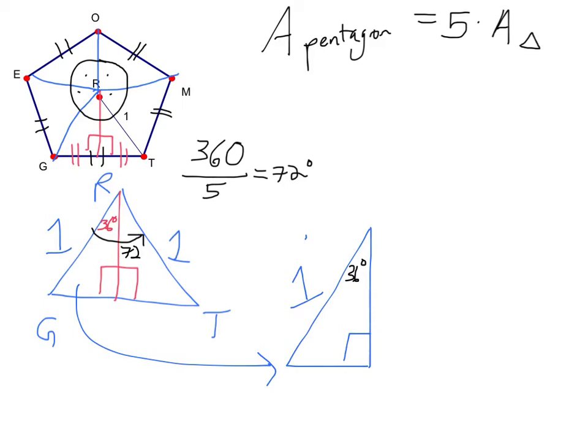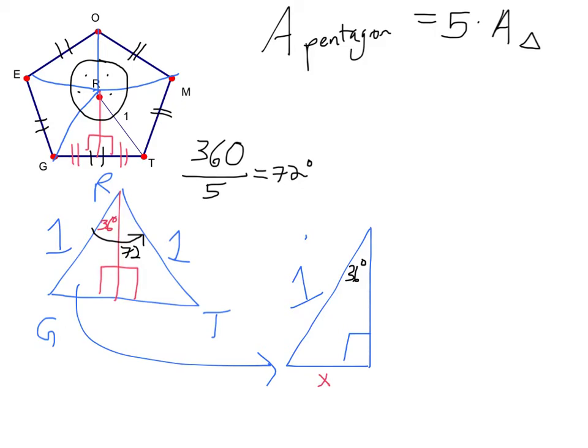So now what I really want to do is find how big x is, and in a moment I'll figure out how big y is. Because remember, our ultimate goal is to find the area of triangle GRT. Right now I'm looking at half of the triangle GRT because we dropped that apothem.